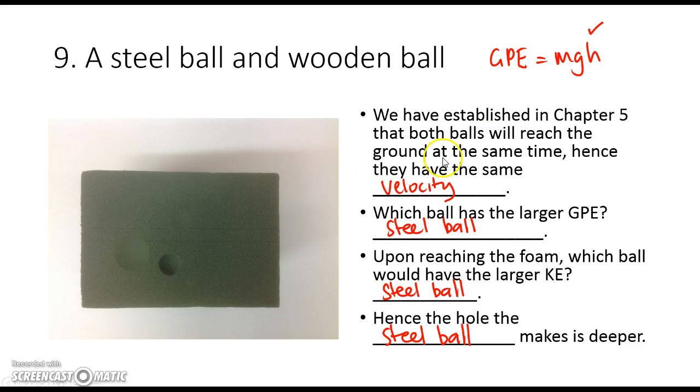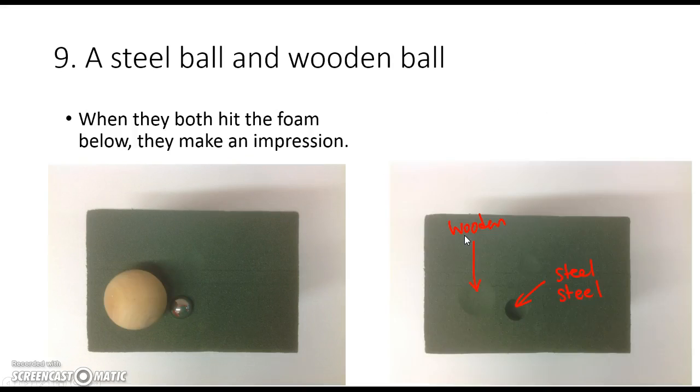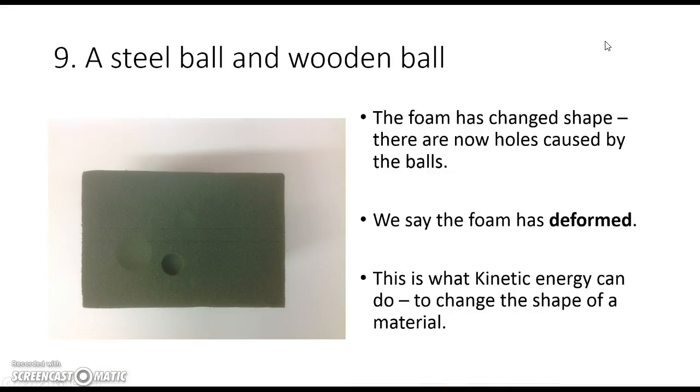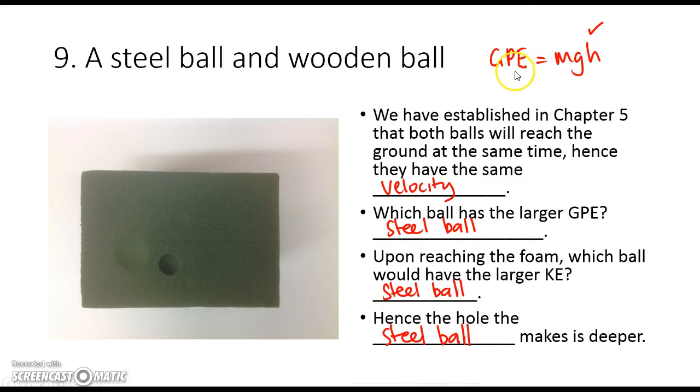Let us explain. We have established in Chapter 5 that both balls will reach the ground at the same time, so they have the same velocity. Now which ball has the larger gravitational potential energy? It is the steel ball. Remember that the two balls are released from the same height, and here's the formula for gravitational potential energy. If they have the same height, h is the same for both balls.